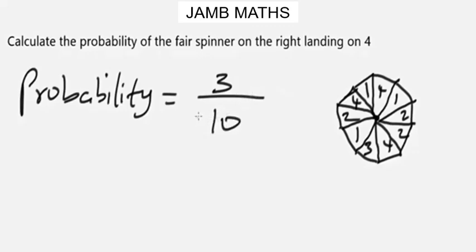That will be the answer to this question. If you want to put it as a decimal, 3 divided by 10 gives you 0.3. Either way is the right answer.